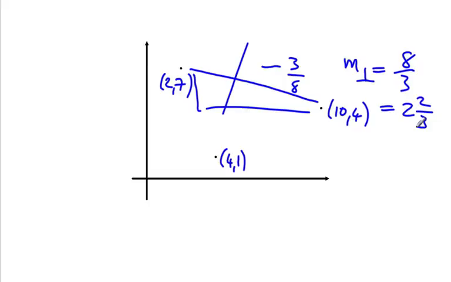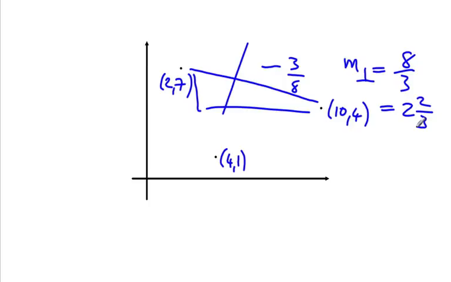Or if you're not that into conversion of fractions, you could go 8 divided by 3 on your calculator and it'll go 2.66666, which is bigger than 2. But I'd like to think you could do the former, because 6 over 3 is 2, so 8 over 3 is clearly a bit bigger than 2.